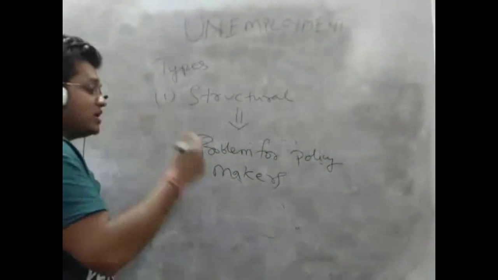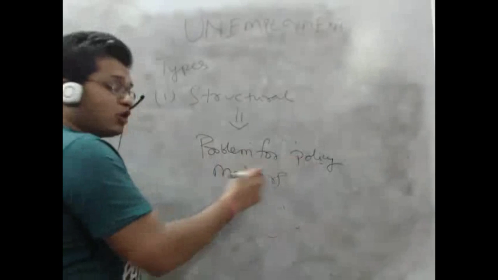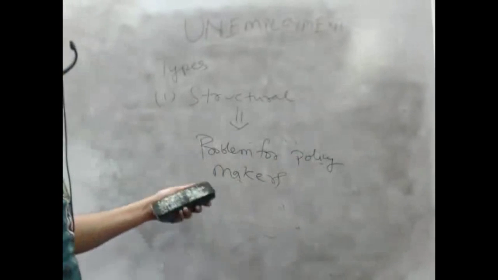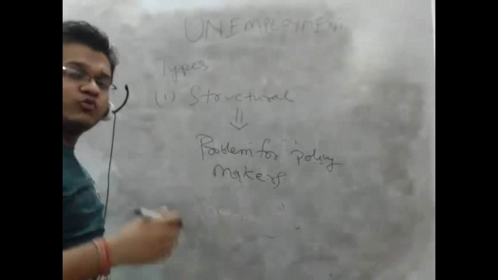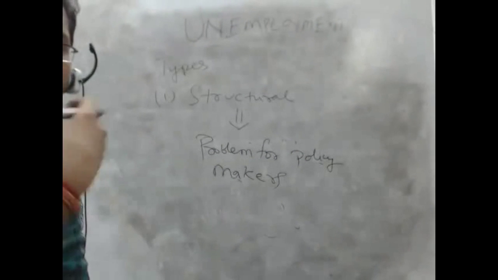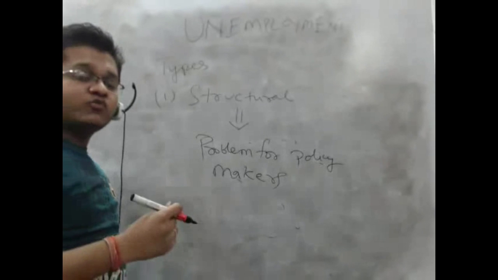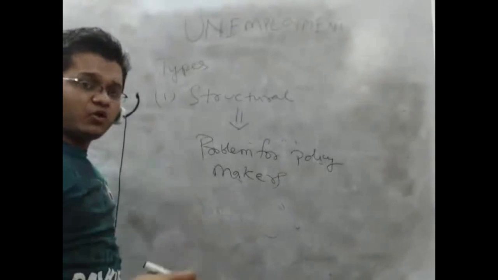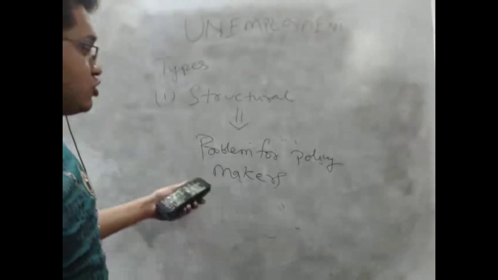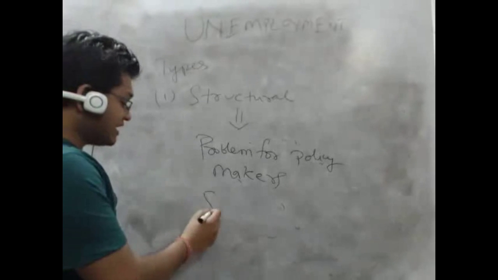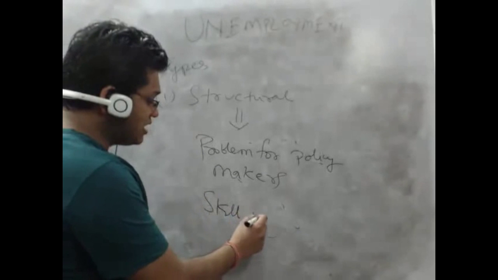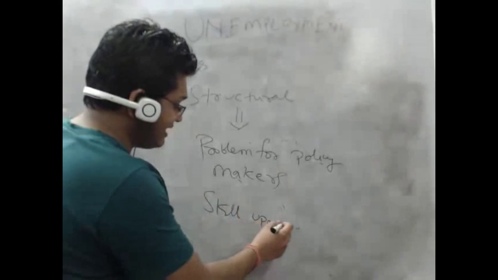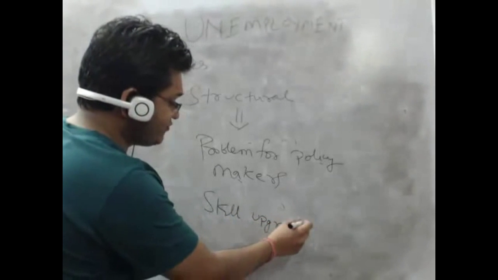Because if your skill is not matching the skill that is required for the job, you will remain unemployed forever, or you will have to work at a very low wage. So if your skill is not upgraded, you will stay unemployed for a longer period of time.